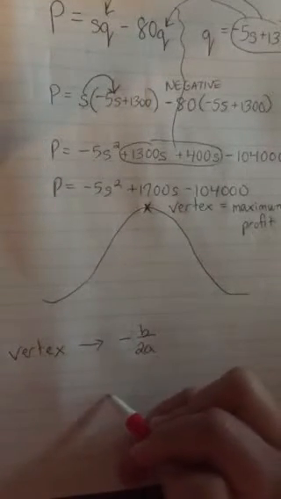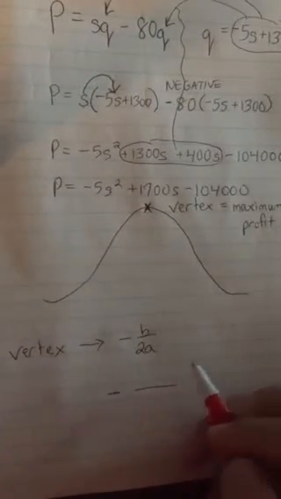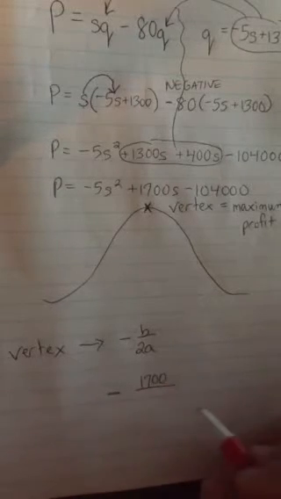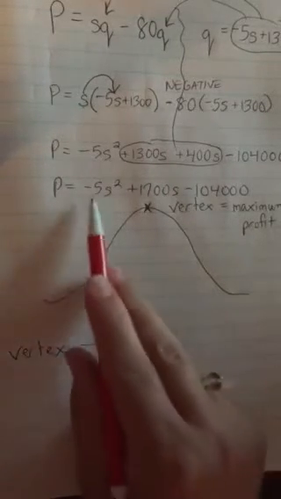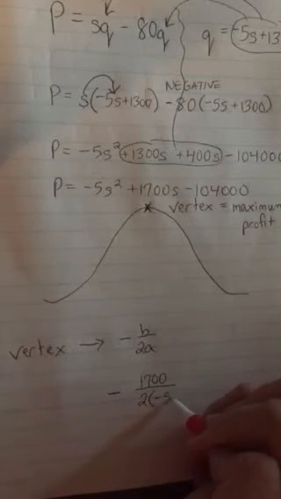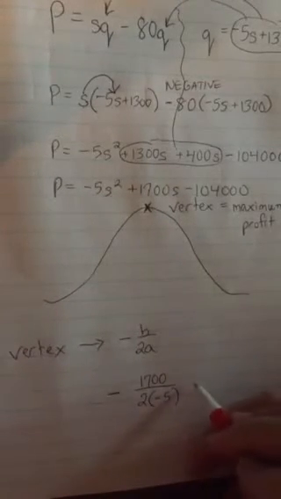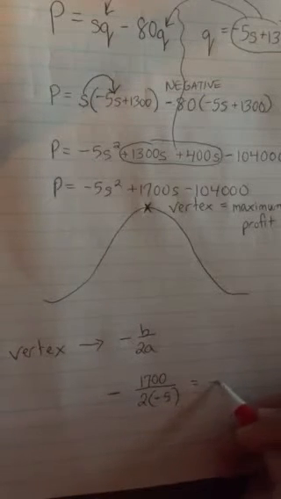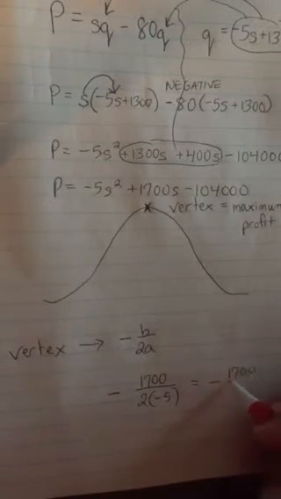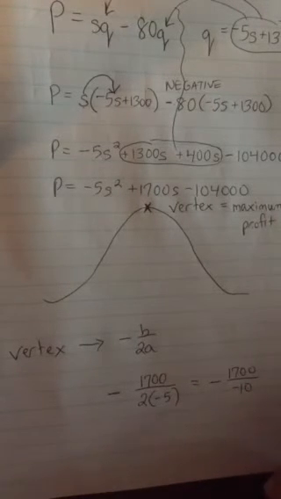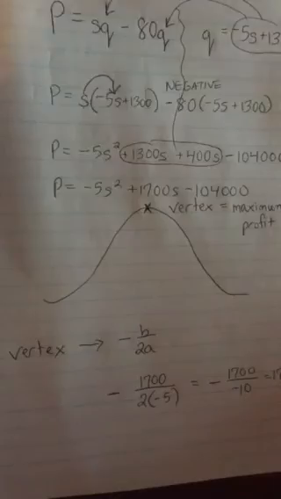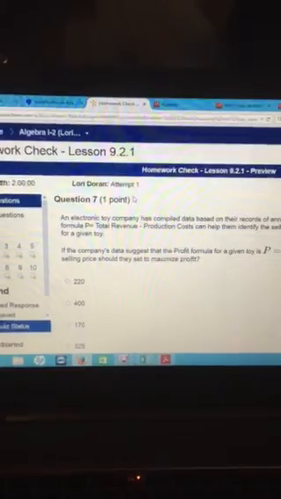All right, so our b value is 1700. So we're going to write the negative sign out to the left here, put our fraction bar, put 1700 on top, and then we're going to take 2 times a, and our a value is negative 5. All right, so we're going to now rewrite this as a negative sign, 1700 over negative 10, and the negatives are going to cancel each other out to make it a positive, so 1700 divided by 10 is 170. So that means that the maximum profit is going to be 170, or in other words, $170.